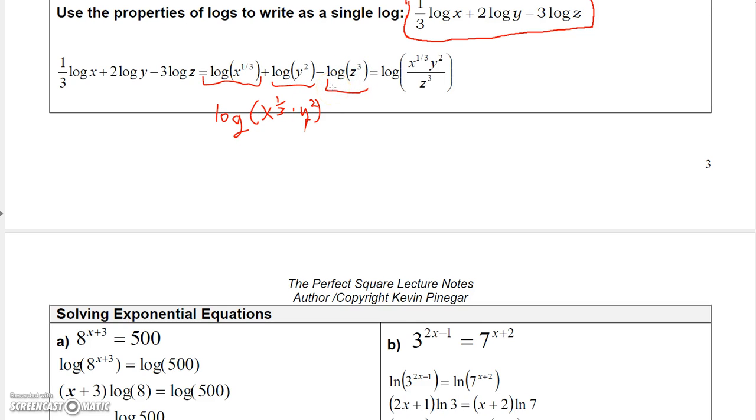Well, remember that the difference of two logs can be written as the log of a quotient. So if I take this log minus this log here, then I can write that as the log of this numerator, x to the 1/3 y squared, over this denominator, z cubed. So that way I can write it as a single log like that. So you can go both ways.